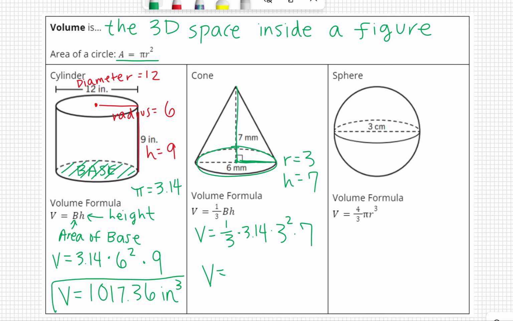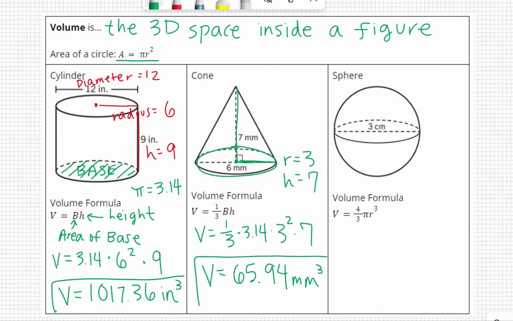So for 1/3, you can do 1 divided by 3 times 3.14 for pi times 3 squared times 7. 65.94. Our units are millimeters. This is a three-dimensional space, so millimeters cubed. That's our volume.